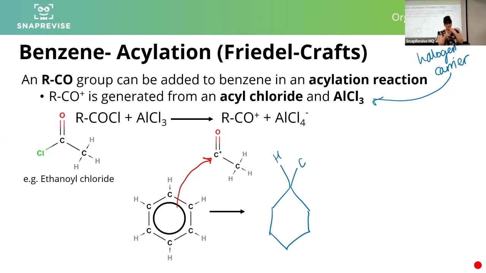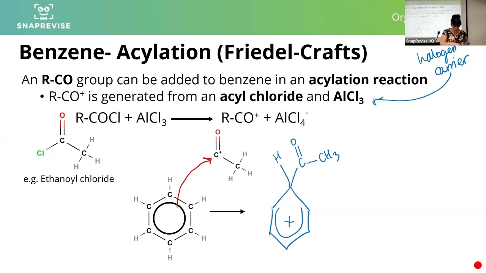So that carbon starts off as being delta positive, and it gets a full-on positive charge when the electrophile is created. So it's got to be attached to the carbon. And then we've got the rest of the acyl chloride there. And again, your positive charge needs to be spread across all carbons except for the carbon that's got 4 bonds, because it spreads it out around the ring system.